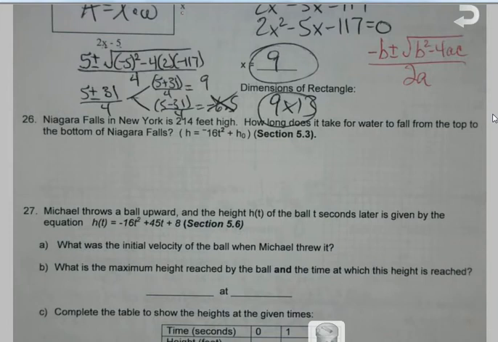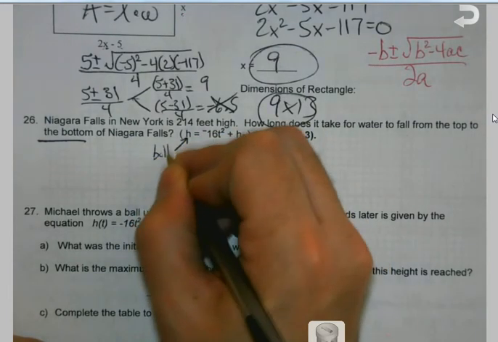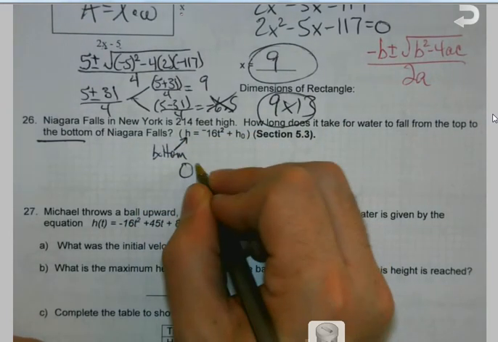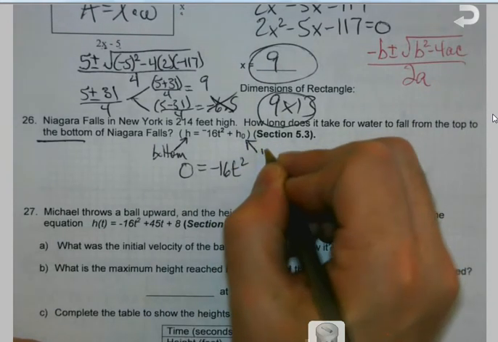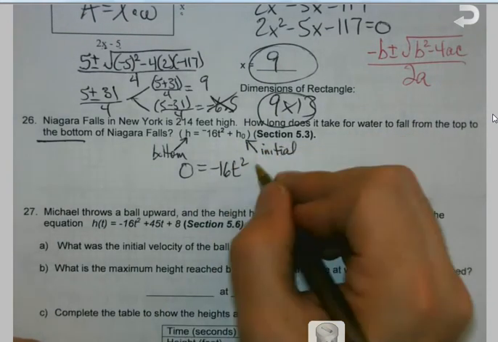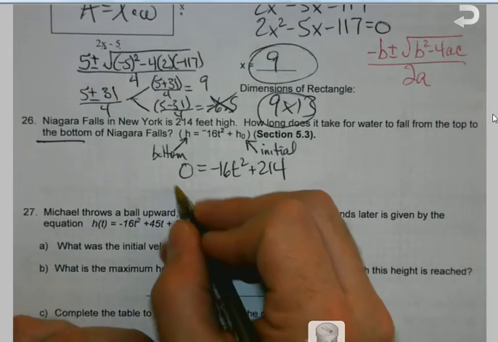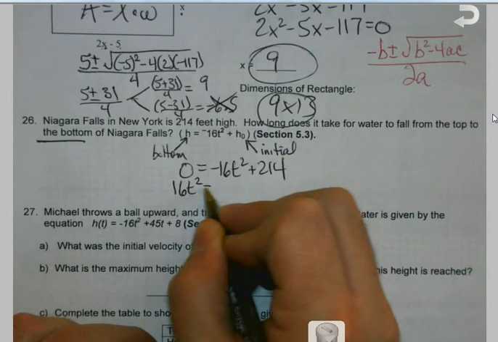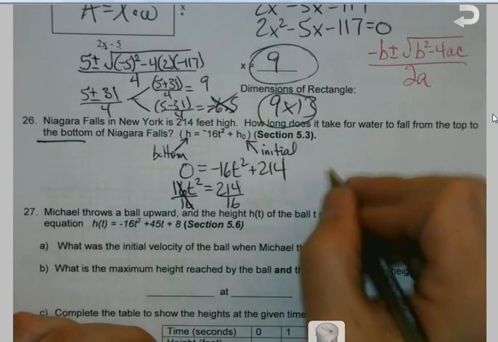Niagara Falls in New York is 214 feet high. How long does it take for water to fall from the top to the bottom? Okay. The bottom's 0. The top, or my initial height, is 214. Now, I have a choice here. I could plug this into the graphing calculator and try and find the 0, or I could just go ahead and solve this equation for t.